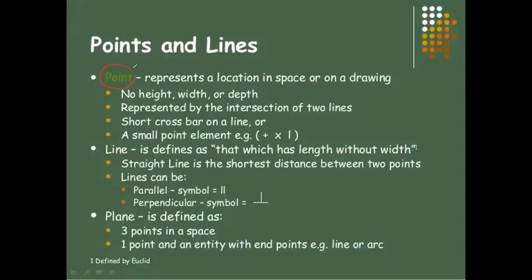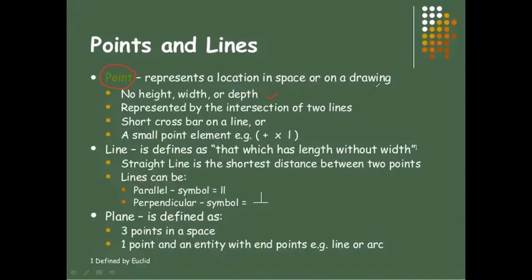Just like, for example, a point, okay? A point represents a location in space or on a drawing. Okay, so we know period, when we write a sentence and we put a period, that is also a point. It has no height, no width, no depth, okay? And it can be represented by the intersection of two lines.